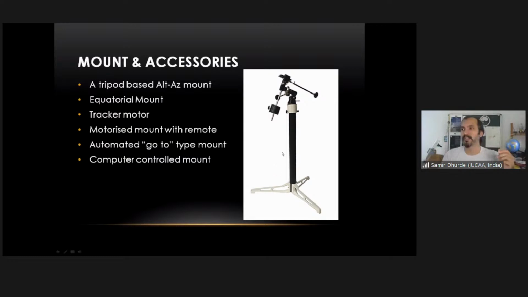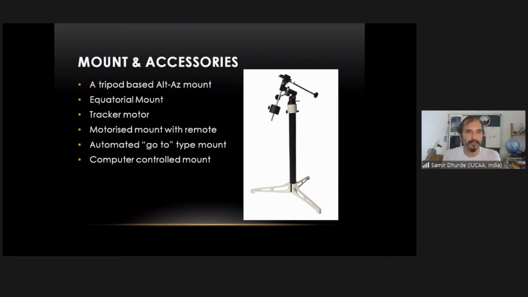Now, an ingenious method to overcome that factor of you having to constantly attend to your mount and changing the direction of it to catch an object all the time, you can add a tracker motor to it. So the tracker motor basically, instead of this handle, is a small electronic motor which attaches here, and this motor has a rotation period, so it turns once in 24 hours.